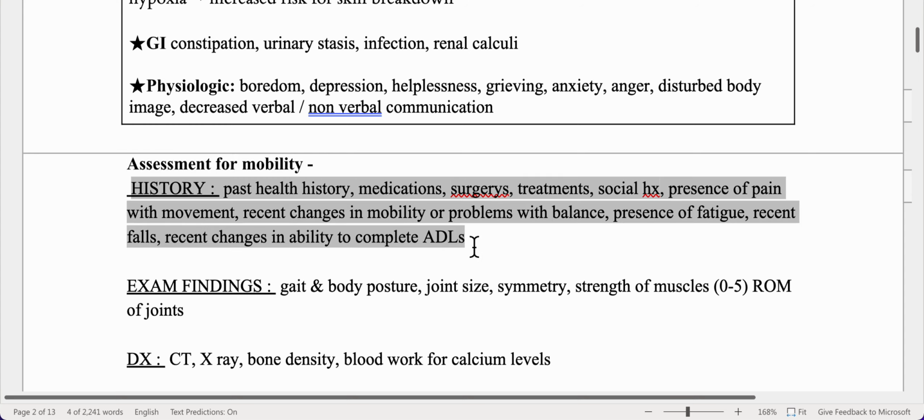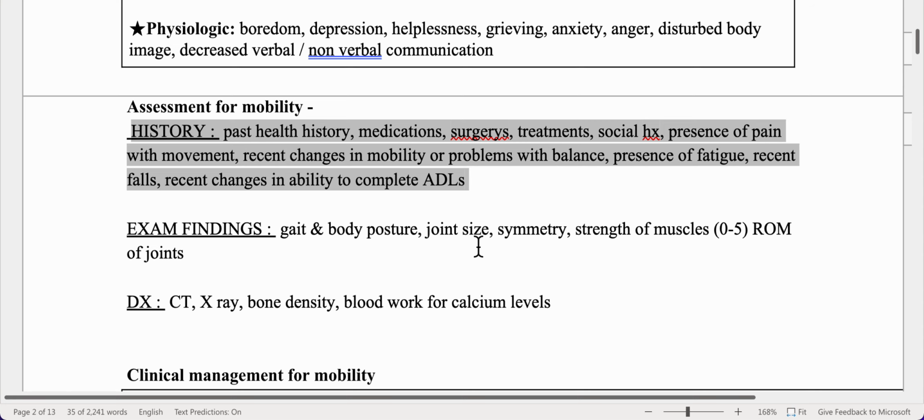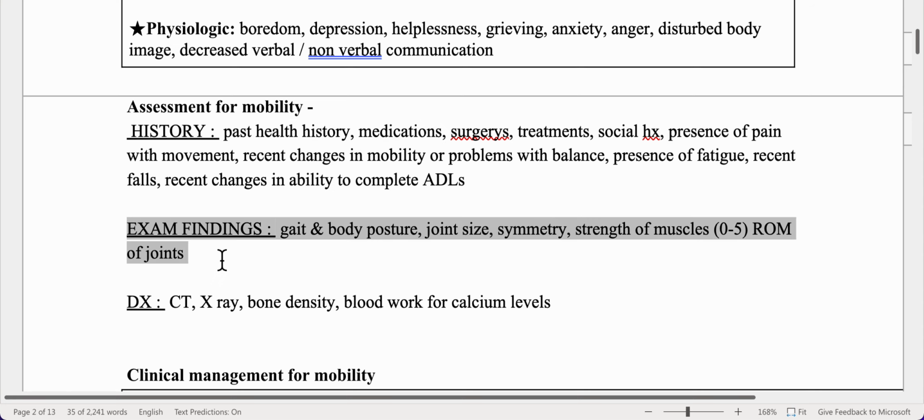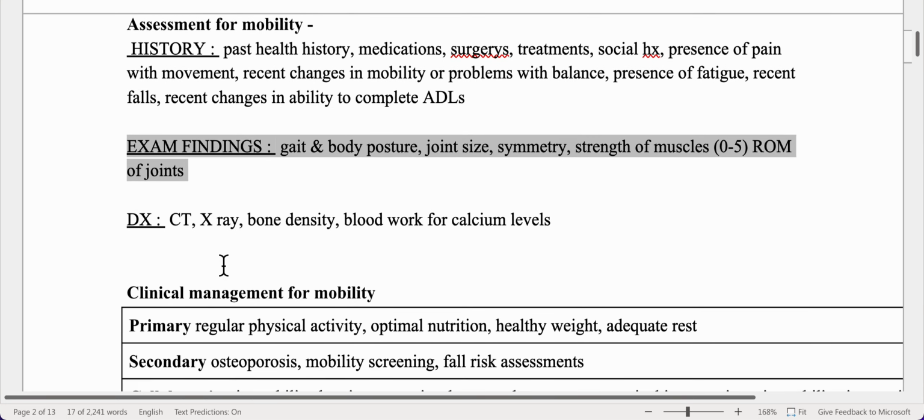Assessment for mobility. History: past health history, medications, surgeries, treatments, social history, age, presence of pain with movement, recent changes in mobility or problems with balance, presence of fatigue, recent falls, recent changes in ability to complete ADLs.